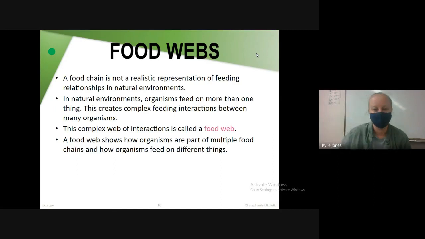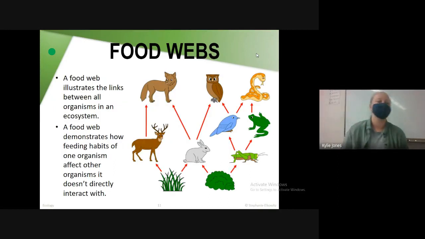Next slide. Food webs illustrate the links between all organisms in an ecosystem. In this case, the wolf at the top, the owl, and the snake are all the top predators. The grass and the bush at the bottom are the producers, and they get eaten.